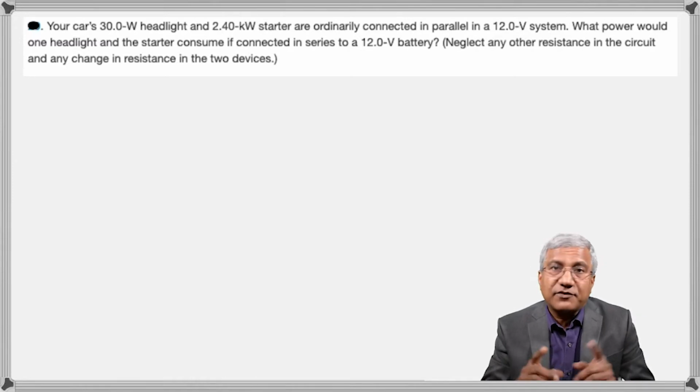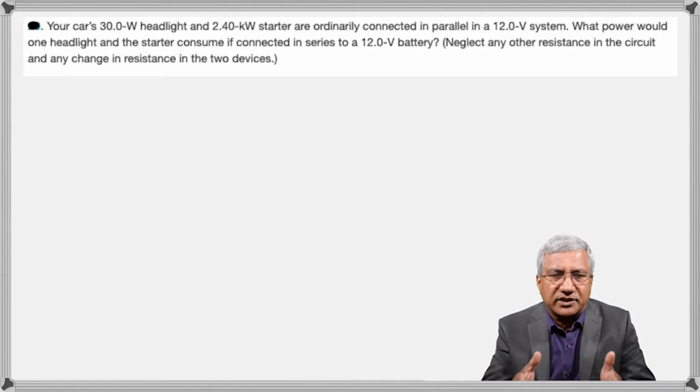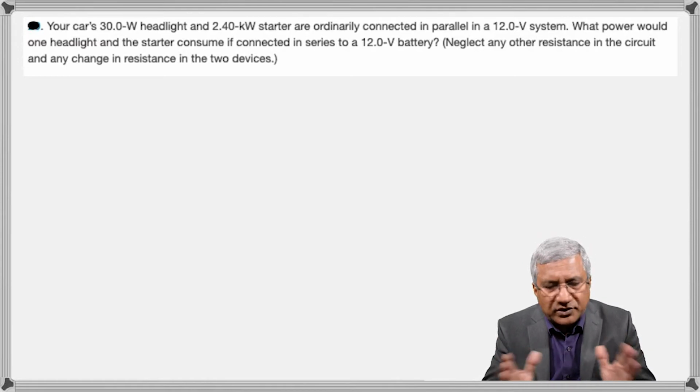Your cars, this is an important question, and this was asked on an exam, and many students found it very difficult. That's the reason why I've included it here. Your car's 30-watt headlight and a 2.40 kilowatt starter are ordinarily connected in parallel in a 12-volt system. That's how they are connected.